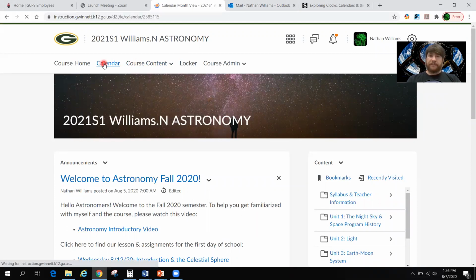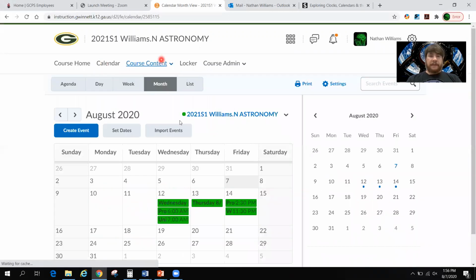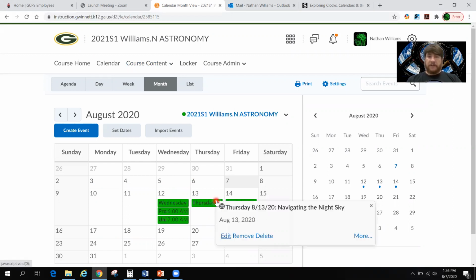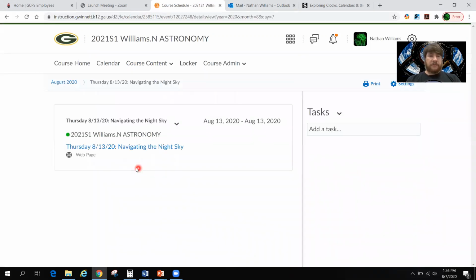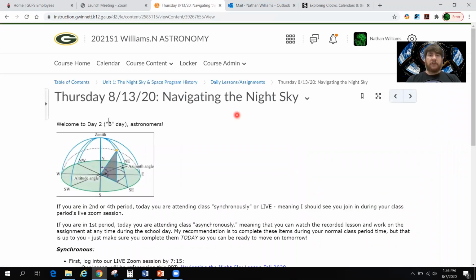You can click there, and then just click on the block for a given day that has the name of the day in it. So for example, this block says Thursday 8/13/20, navigating the night sky. And then if you click more, it'll give you the ability to click on the assignment for the day. And you can read about it, find out what you need to do.